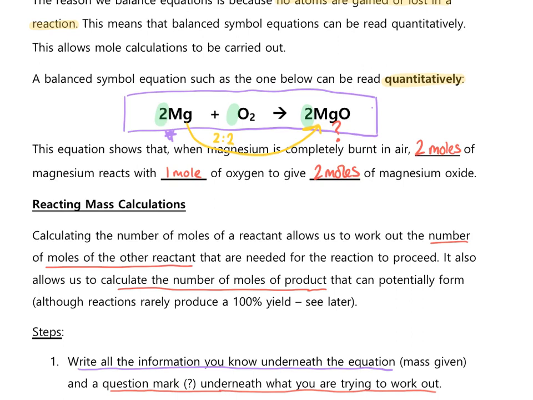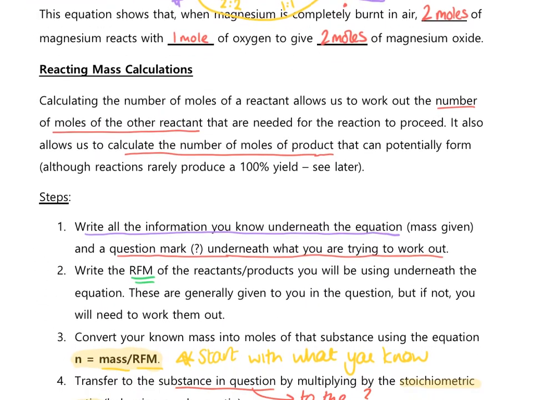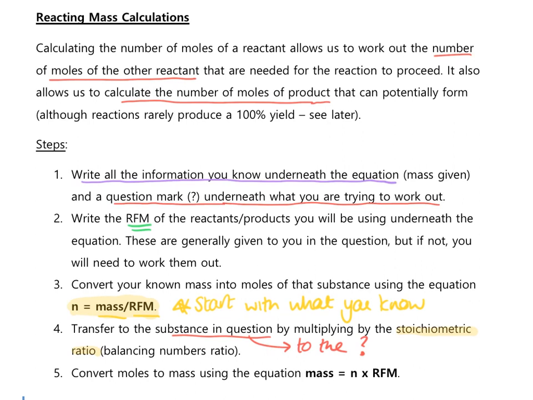And that's essentially the same as saying it's a 1-to-1 ratio. So 2 to 2 is the same as saying 1 to 1. So that complicated phrase, stoichiometric ratio, simply means the ratio of the balancing number of where I'm bringing my moles from to what I am bringing my number of moles to.